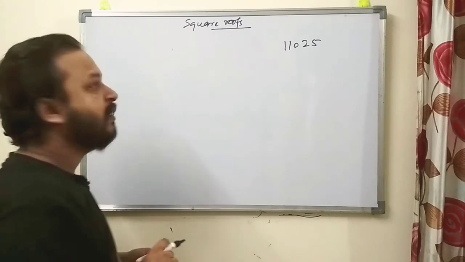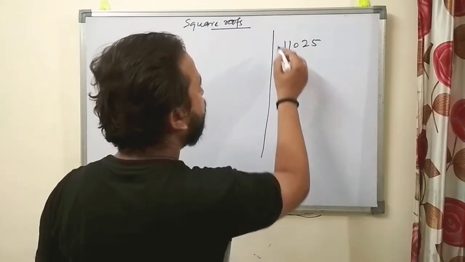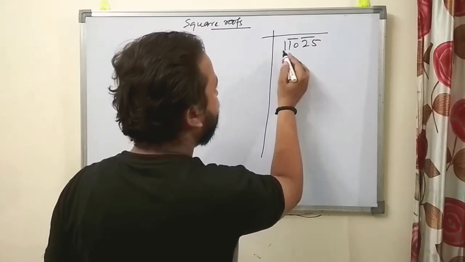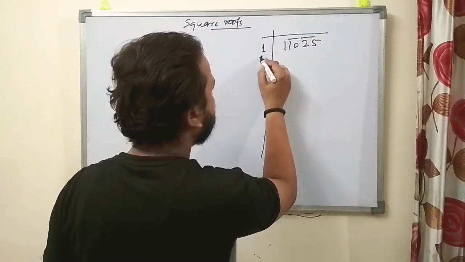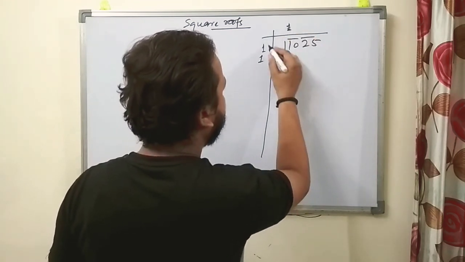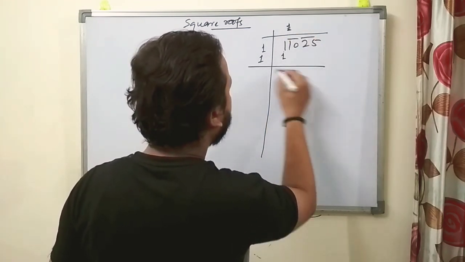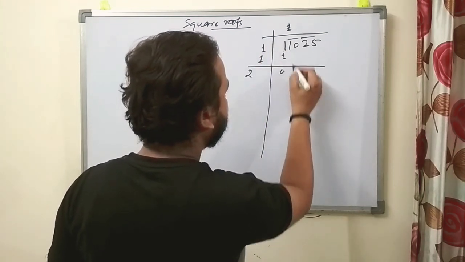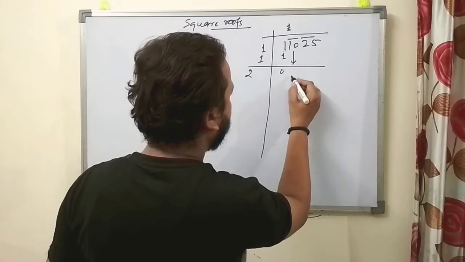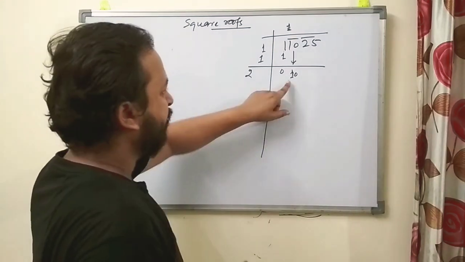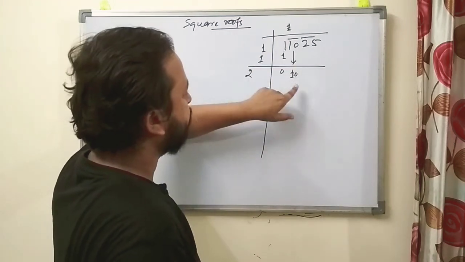Just make pairs of 2 digits. Here 1 is left, so start with 1. 1 times 1 is 1. Add them, 1 plus 1 is 2. Here 0, so 10 comes down.